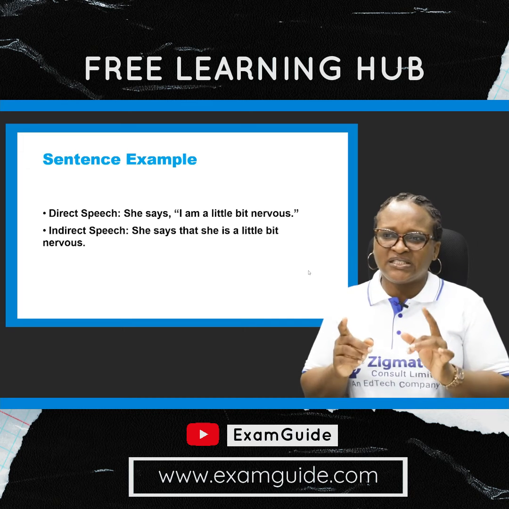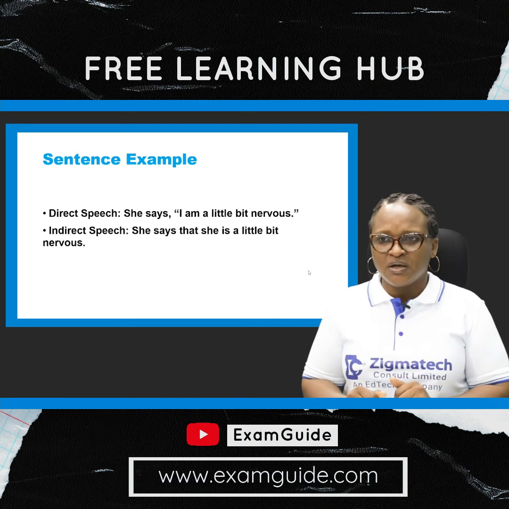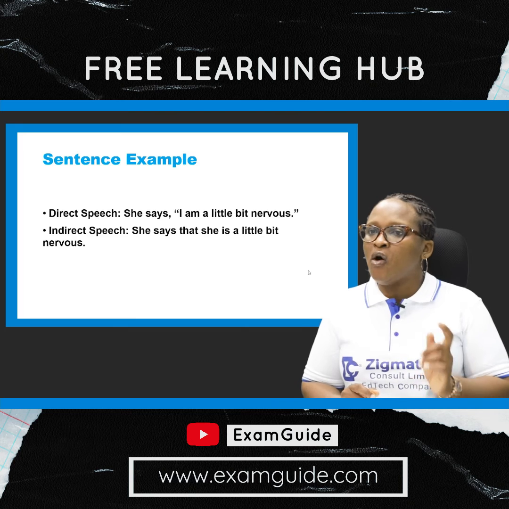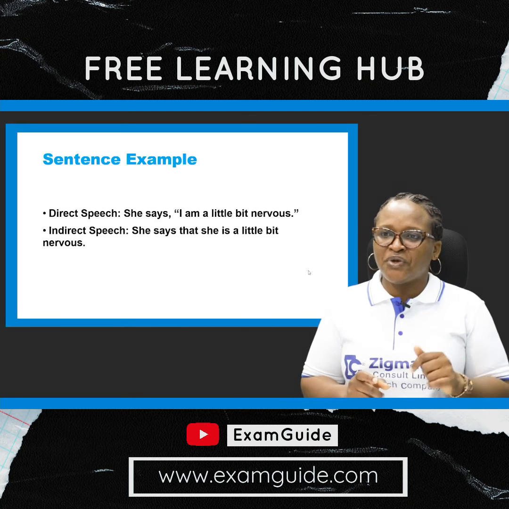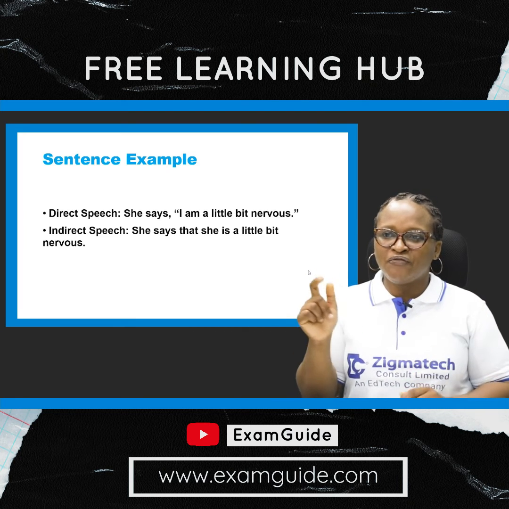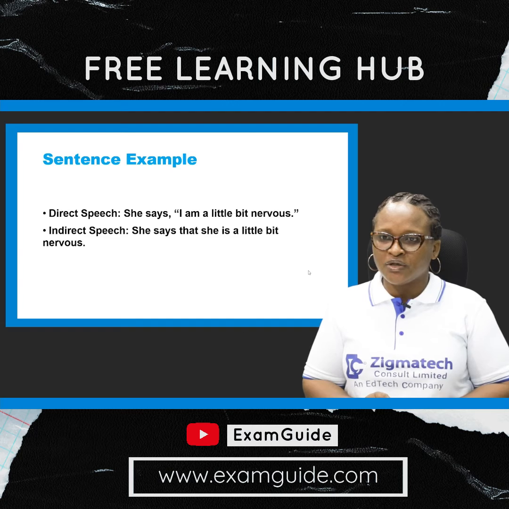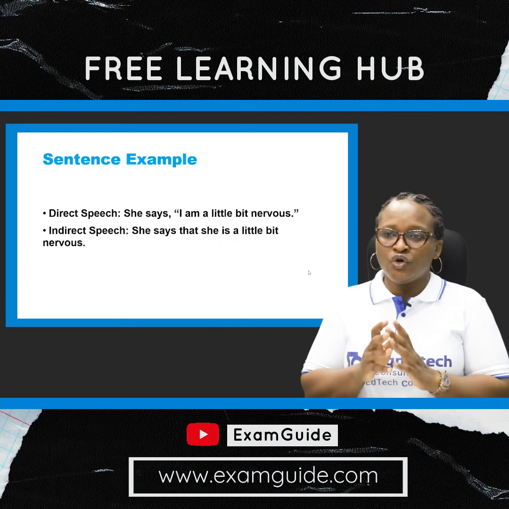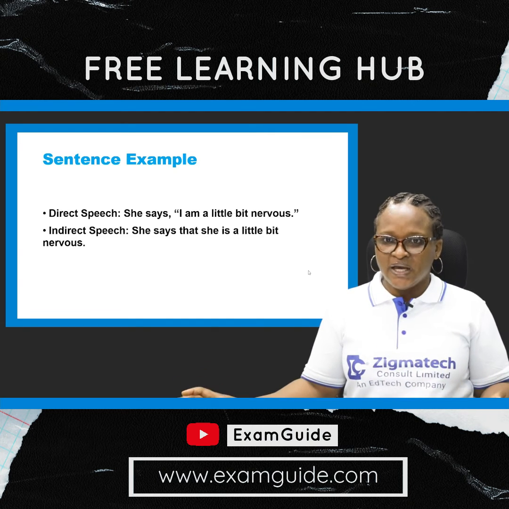After you're done with your sentence, observe your period. The period is what we commonly call the full stop. Observe your period, then give your closed quotation to show that you're finally done with what you have to say.